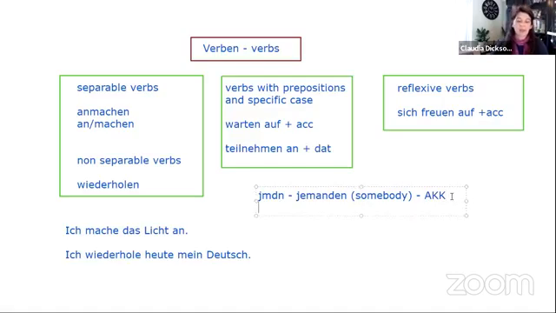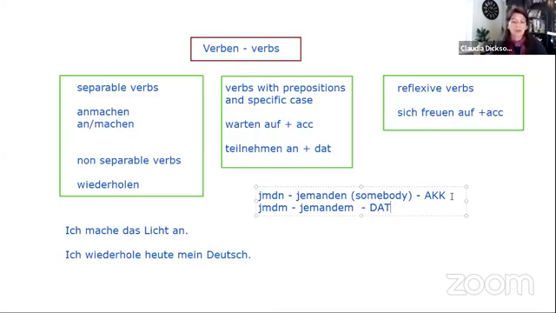If I were to have a JMDM, which would be jemandem, again somebody, it would be the dative because of the DEM. Think of den as accusative and dem as dative, like you learned from your cases.